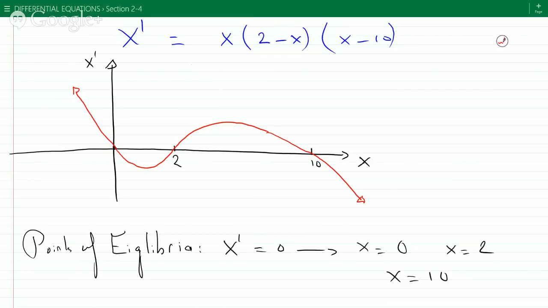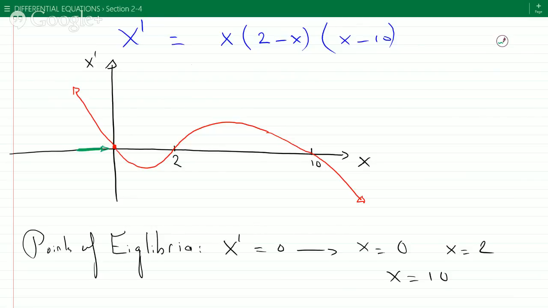And so to the left of 0, let's put this in green. To the left of 0, it's negative slope, so it's falling towards it.